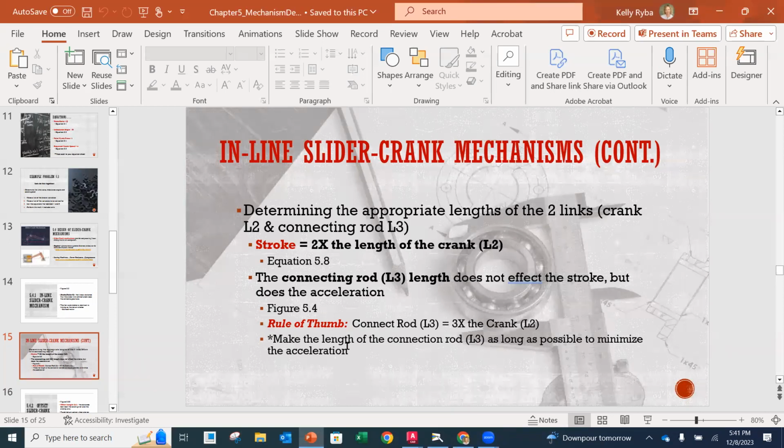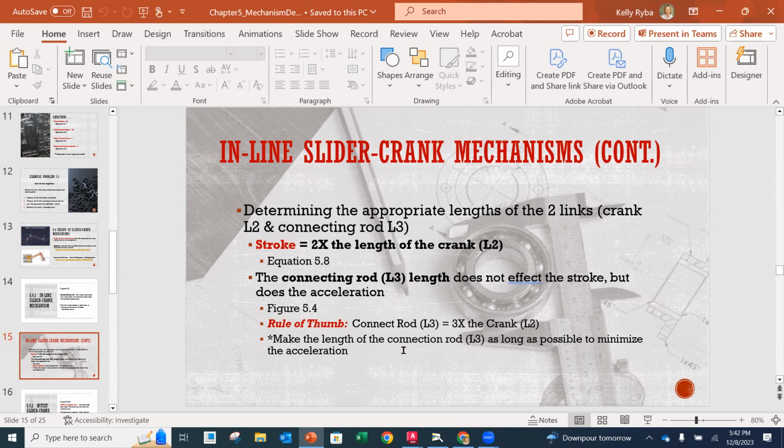Now, another thing, and this is a rule of thumb: our connecting rod, which is the length of our member number 3. If we're using the conventional kinematic diagram numbering, number 1 is our frame, number 2 is the crank, number 3 is the connecting rod, and number 4 is the slider. So L3, referring to the connecting rod, doesn't affect the stroke. There is no effect on the stroke, but as a rule of thumb, you want your connecting rod to be at least 3 times longer than your crank.